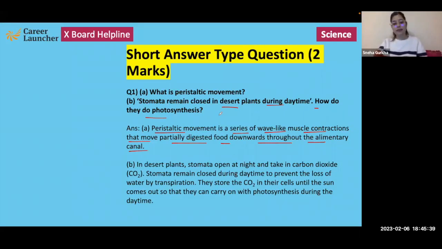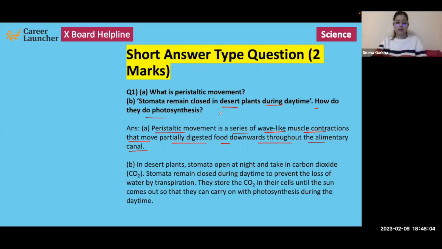So why do desert plants have scotoactive stomata, or stomata that remain closed during daytime? The reason is to prevent water loss due to transpiration, because water is scarce. The question that arises now is, how do they perform photosynthesis?